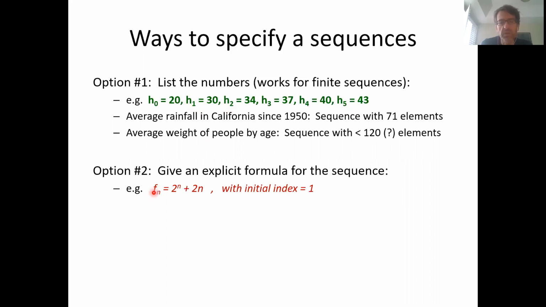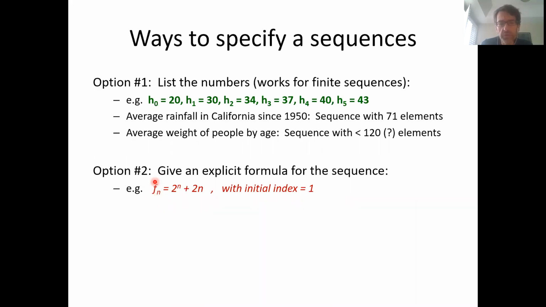So here is an example where I call my sequence F. Elements in the sequence are called Fn, and this is the definition of the nth element of the sequence. So for every n, Fn is this expression.